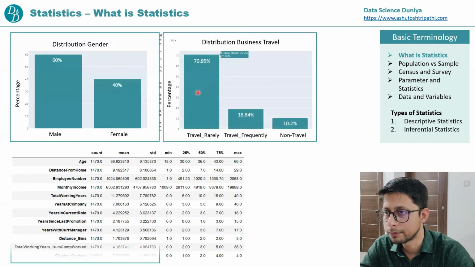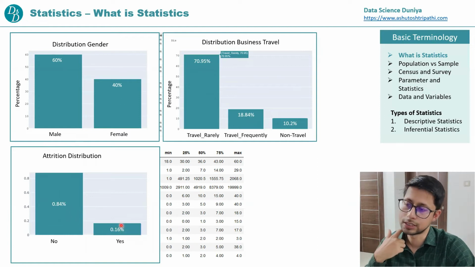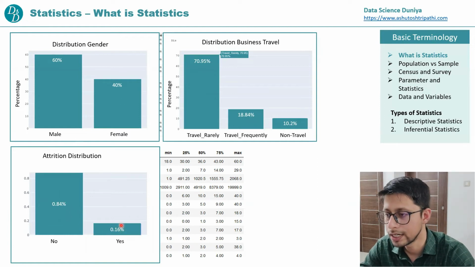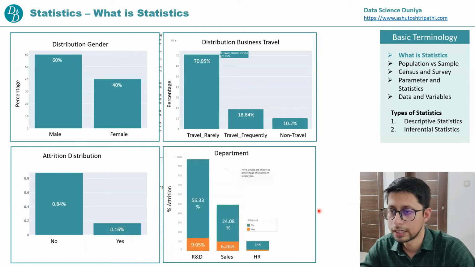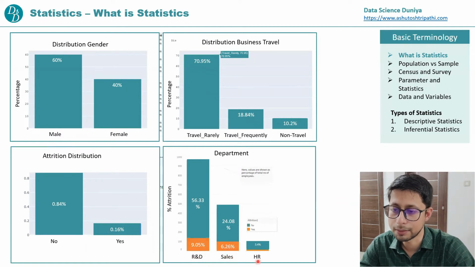Then we have the attrition distribution: around 84% are not potential candidates to leave, and 16% attrition is there, so 16% of employees are leaving on average. Then department-wise attrition: in the R&D department 9% attrition is there, in the sales department around 6%, and in the HR department very little, but overall people are also fewer there. So this sort of analysis you need to do.